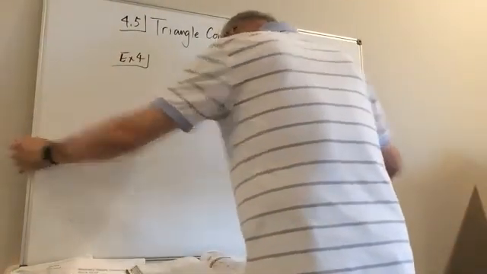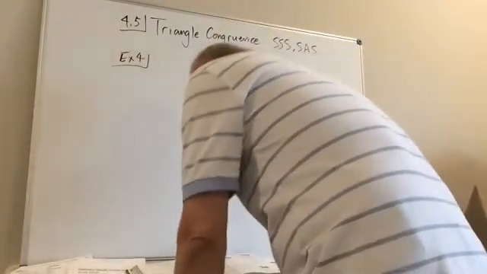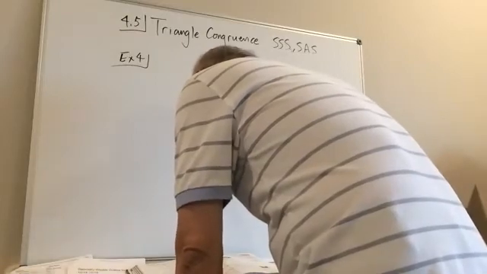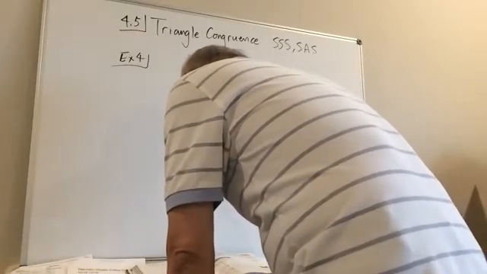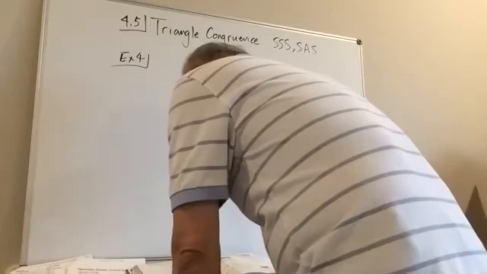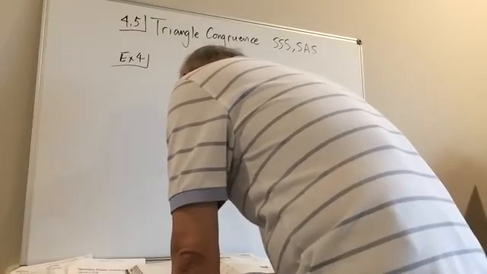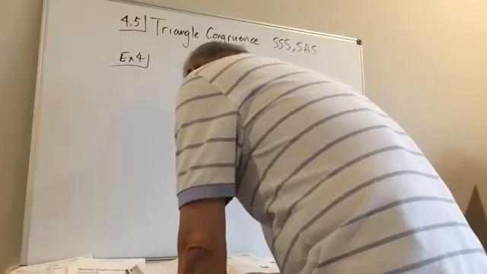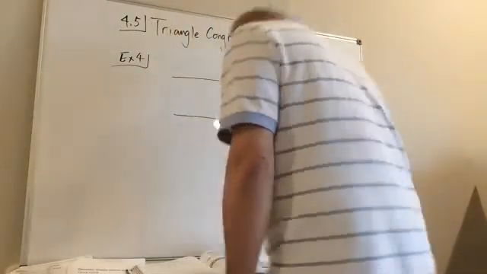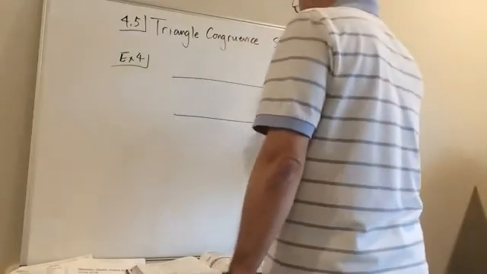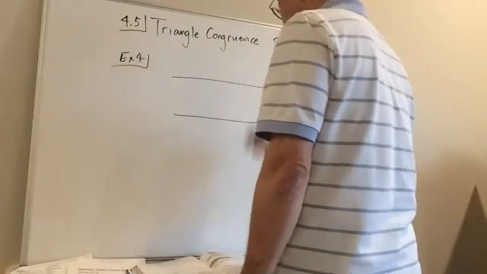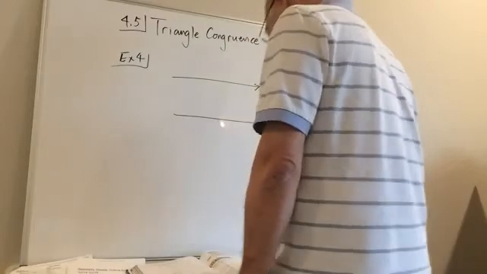Given that L and M are parallel and EG and HF are congruent, prove that... okay, so let's go ahead. L and M are parallel, so these two are parallel.